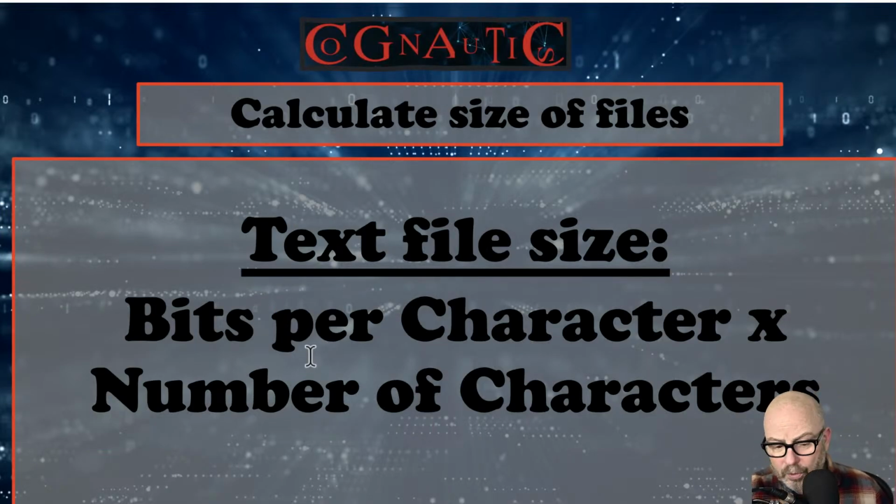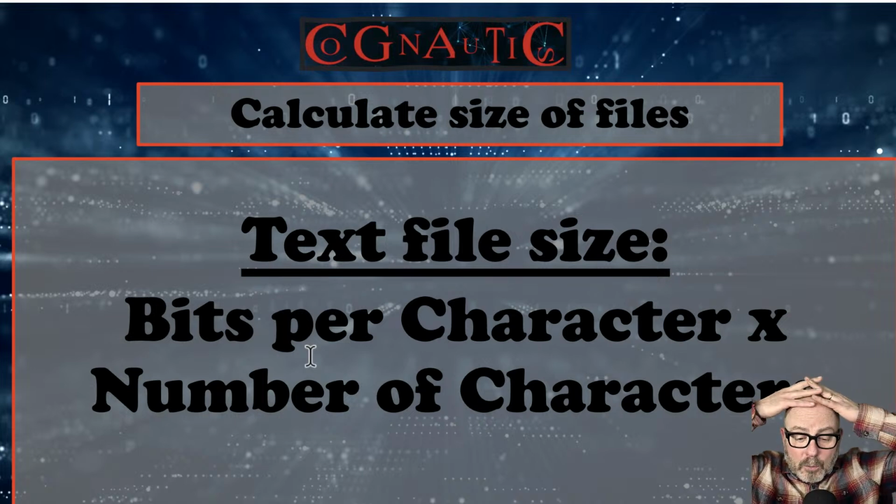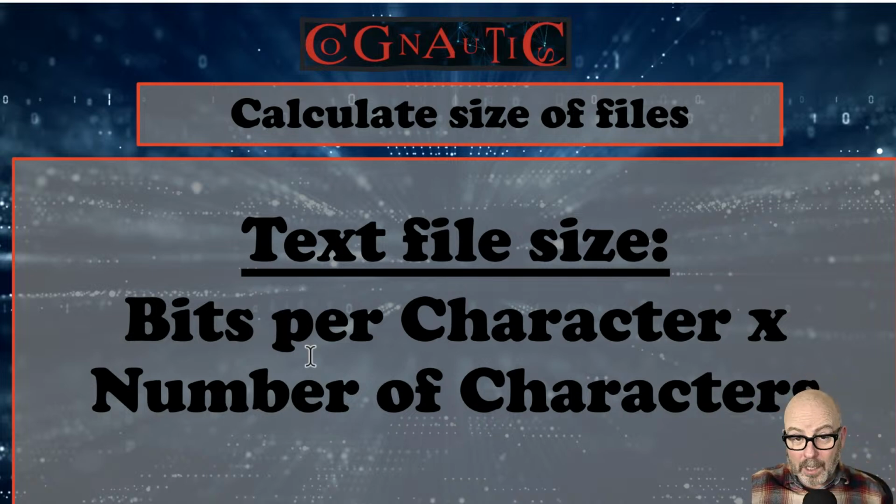Okay. So now this one, again, they didn't get you to do this in the last exam, and it was calculating the size of text files. And there's a wonderful logic about this, which is that in the question, they will at some point tell you how many bits per character.